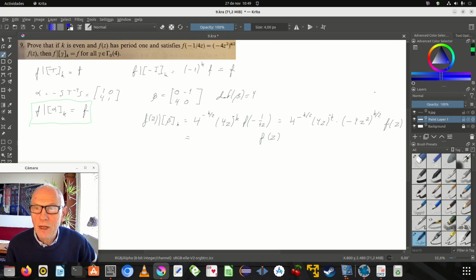A cancel pen. This cancels, and z to minus k and z squared to k halves cancel, meaning we are left with 4 to minus k times minus 1 to k halves.